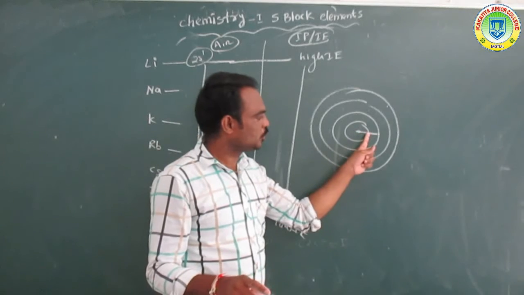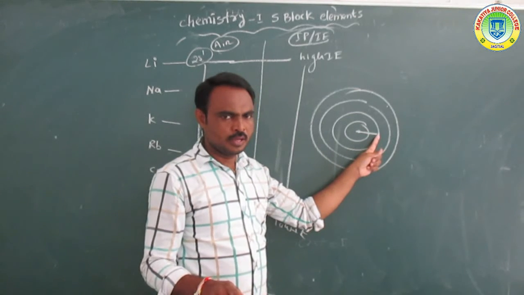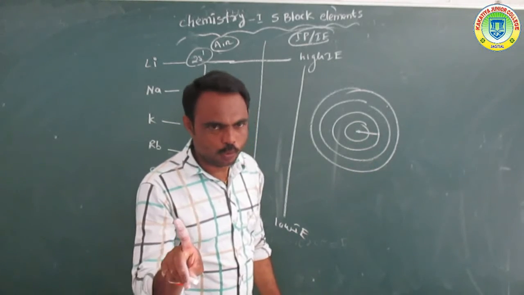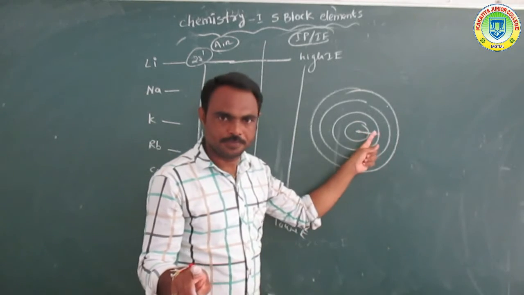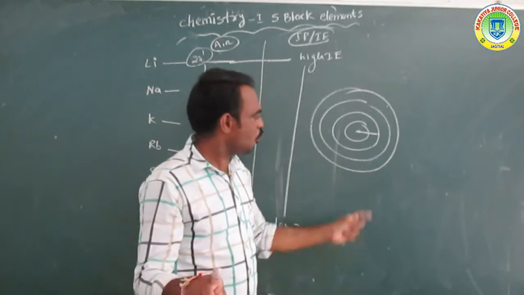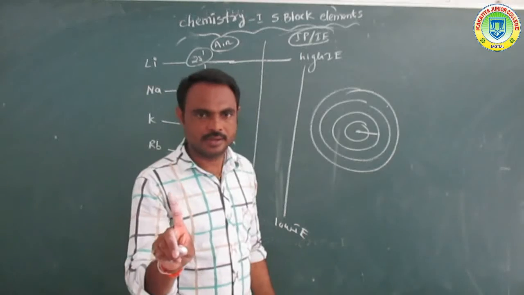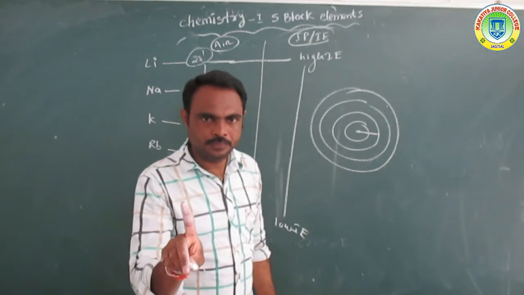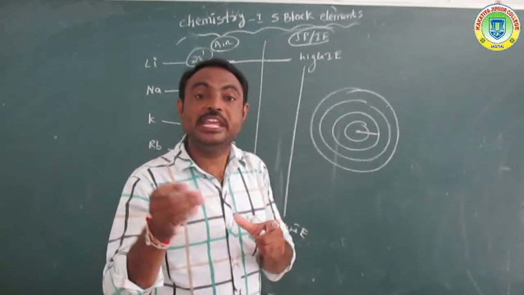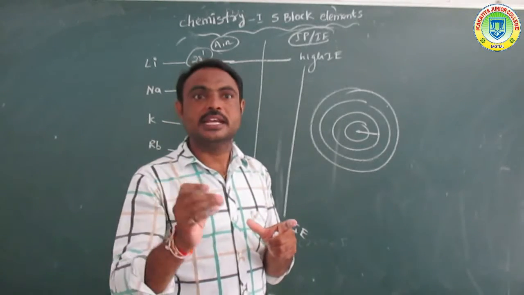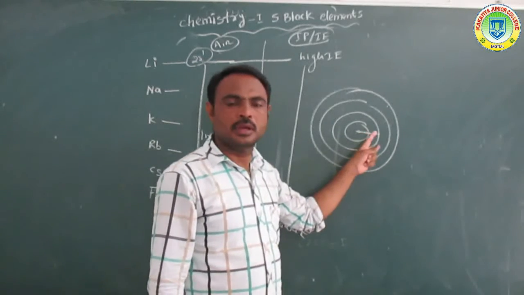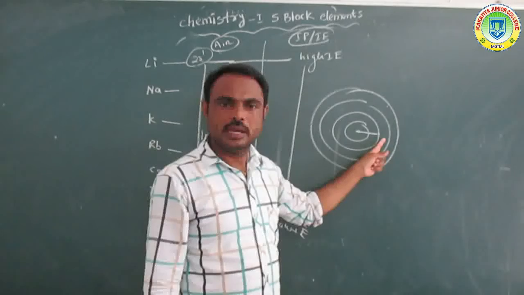2s1 means 1s2, 1s2s. Here the distance is very low between the central nucleus and the outer shell. Already we know that. At that time the nuclear attraction is very high between the nucleus and the electron.